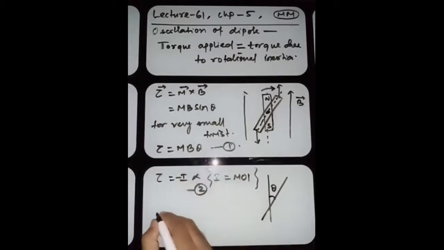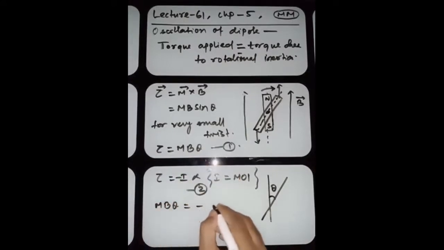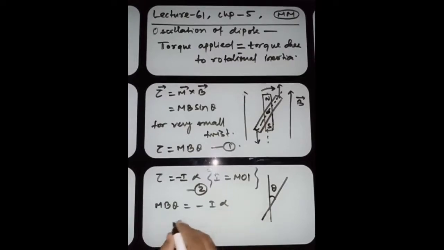Here mB theta will be equal to minus I times alpha. Here alpha is the angular acceleration. Now the alpha can be written as mB by I times theta.